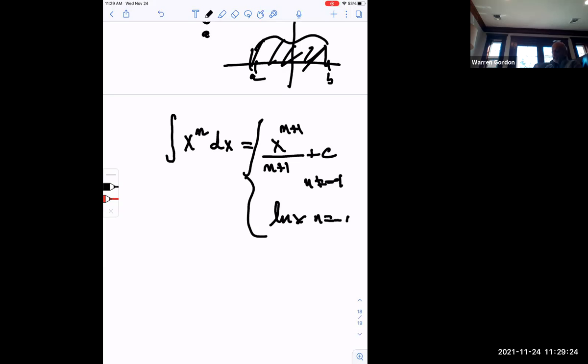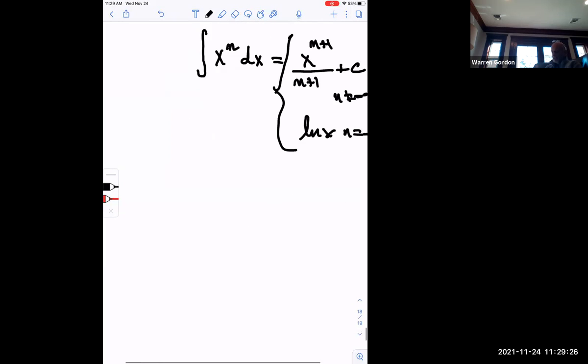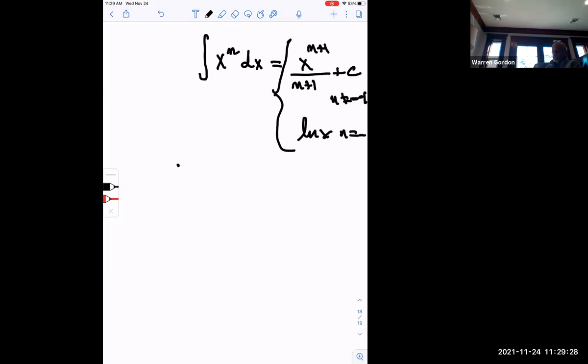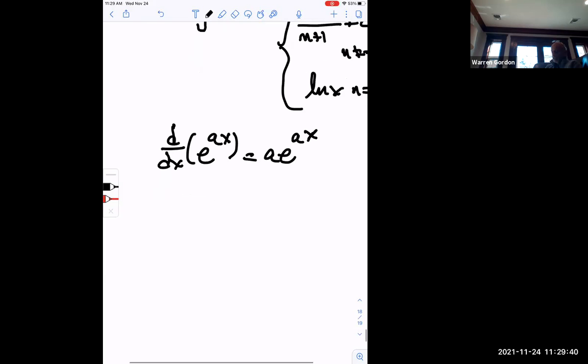So one should remember how to integrate. One should remember the derivative of the exponential function. This will show up a lot. It's pretty straightforward. The derivative of any polynomial is pretty straightforward.